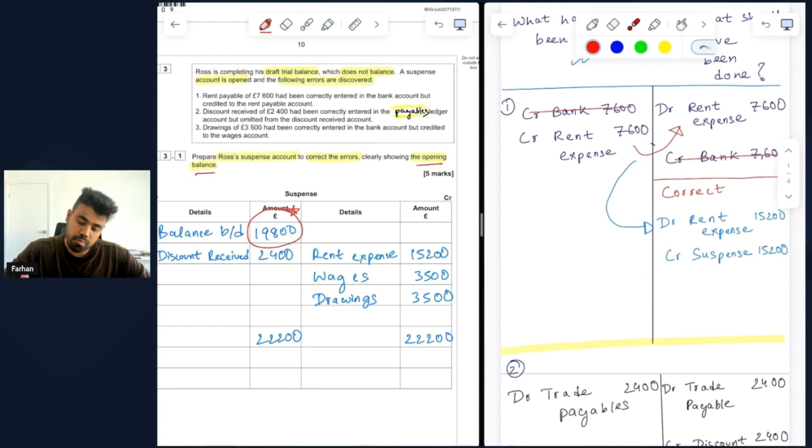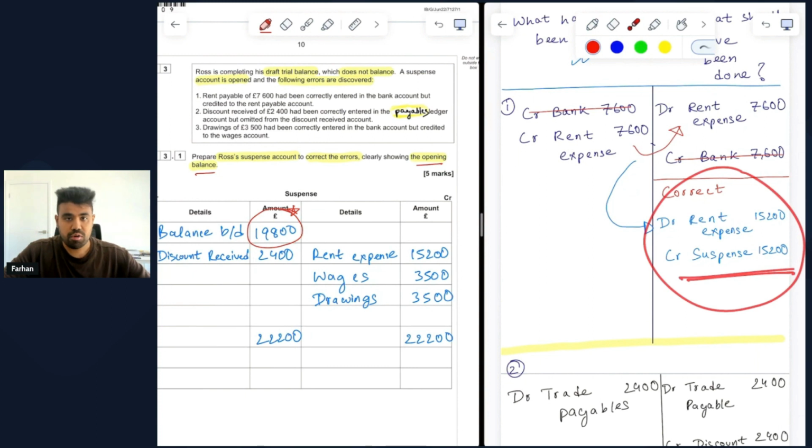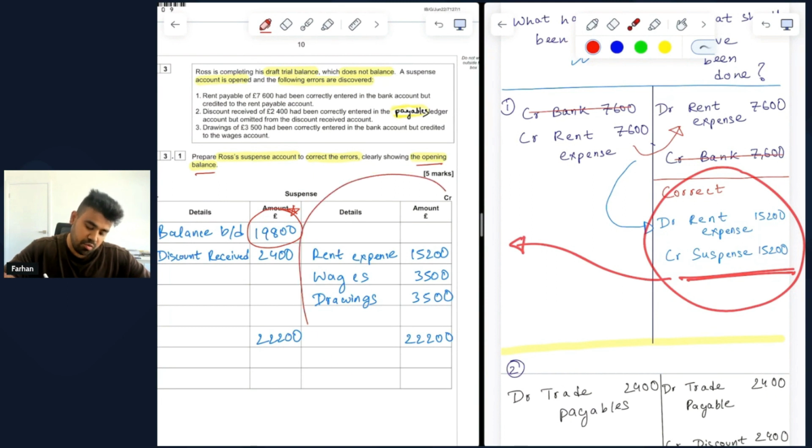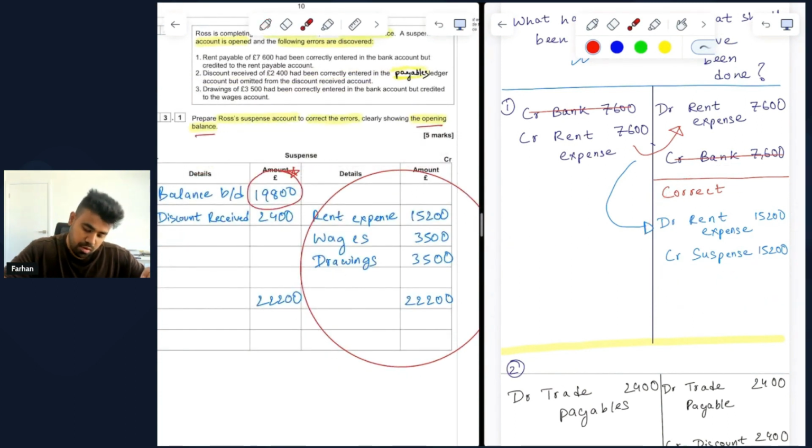All right. So how did we correct the entry for the first transaction? So you can see that on the right-hand side of the screen. So we credited suspense by £15,200. This means that within the ledger account for suspense, on the credit side, which is this side, we have to include rent expense, as you can see here, by £15,200.